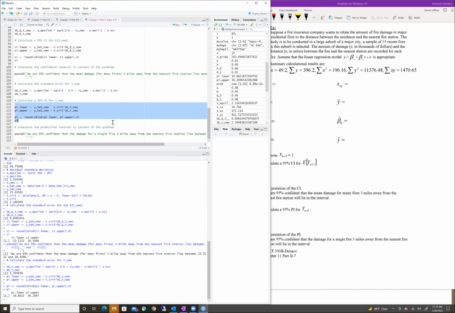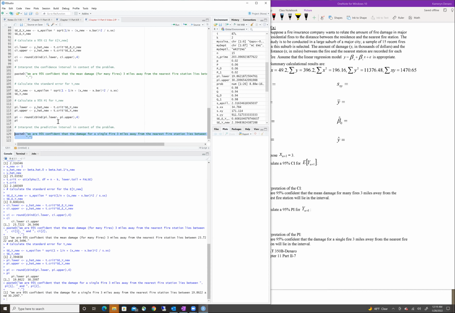But if we're just thinking about a single fire, there's more variability in a single fire than in a group of fires. So we calculate this prediction interval for a single fire, and we end up saying that we're 95% confident that the damage for a single fire 3 miles away from the nearest fire station lies between $19,862 and $30,210.